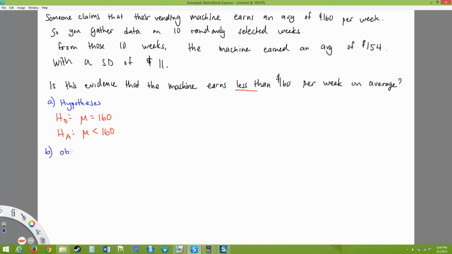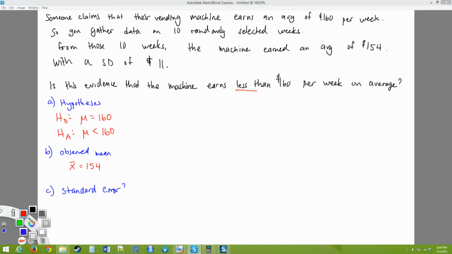Our observed mean is what? X bar is equal to 154. What is the standard error? $11.